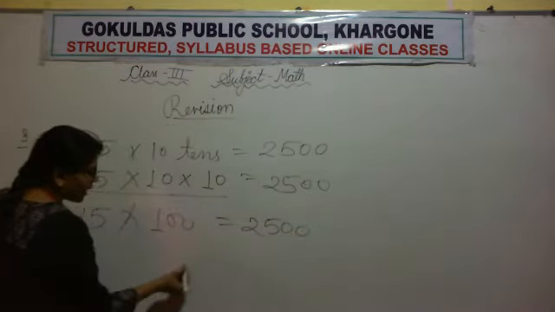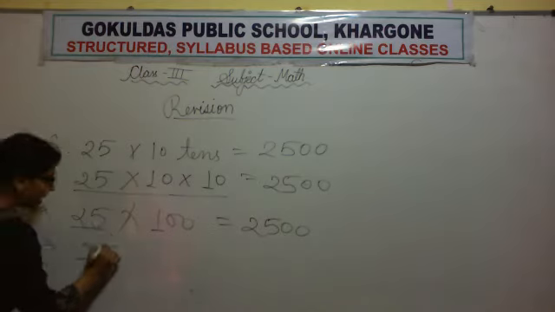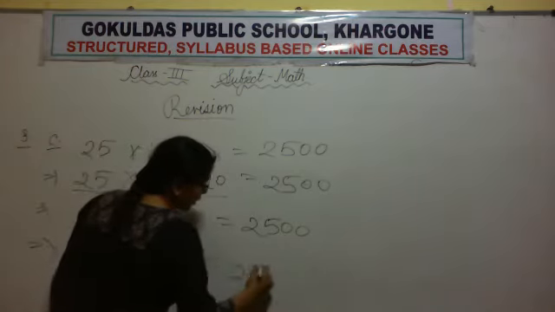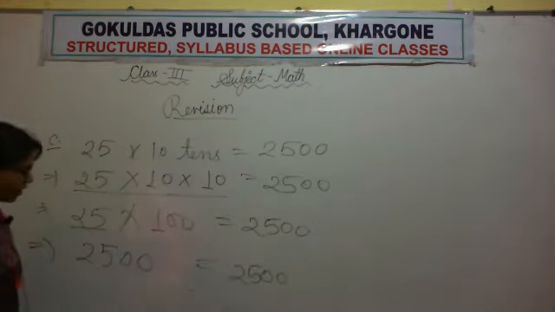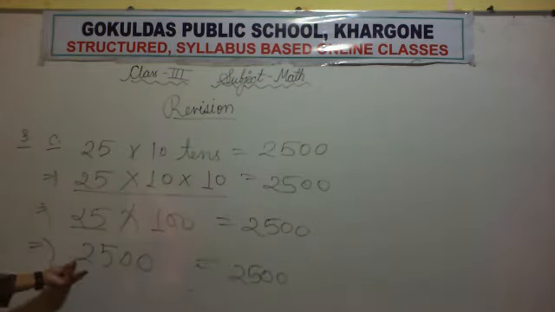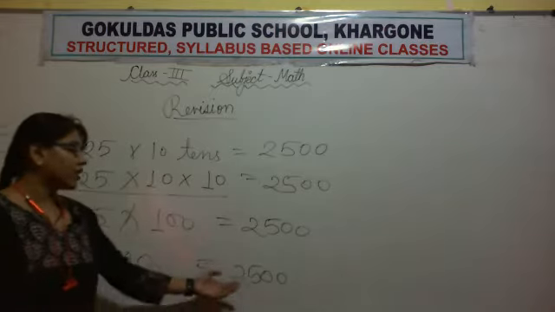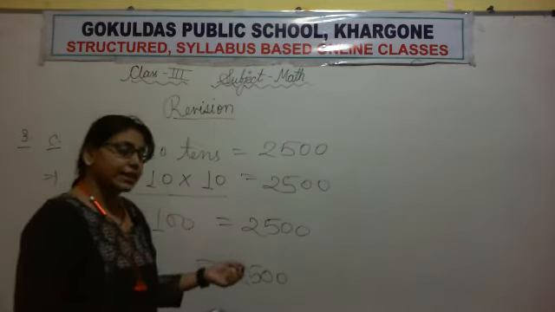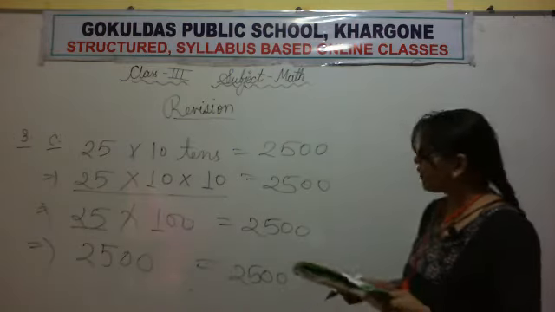Now 1 followed by 2 zeros, so we will write the number as it is and we will put the 2 zeros. On that side we are having 2500, and here also we are having 2500. So 2500, 2500, both the sides are having the same number, means the statement is true.